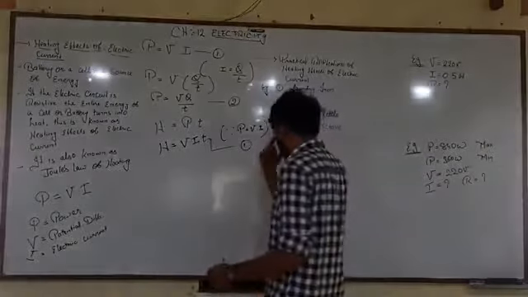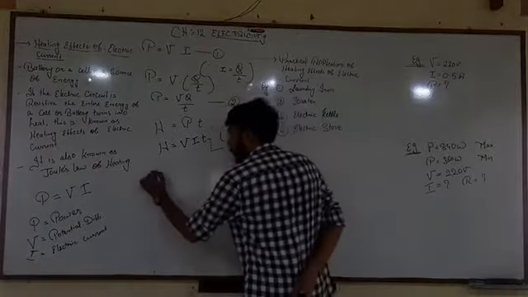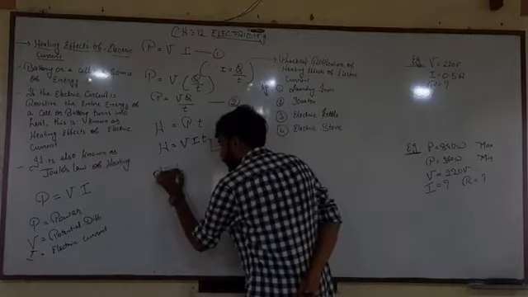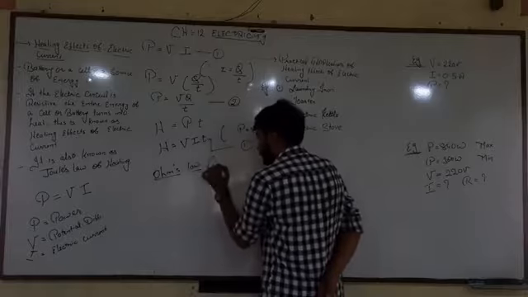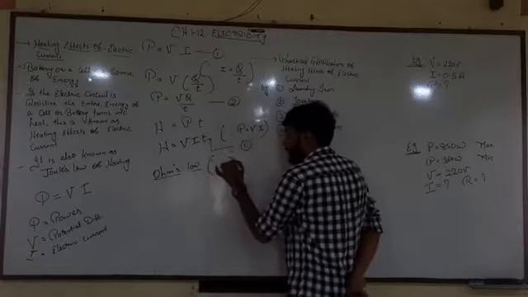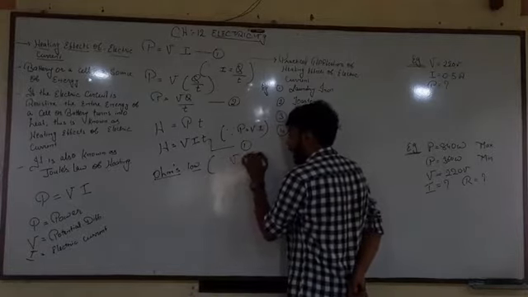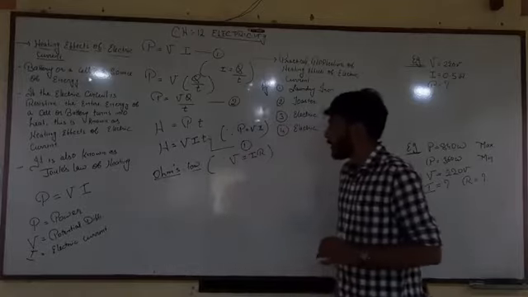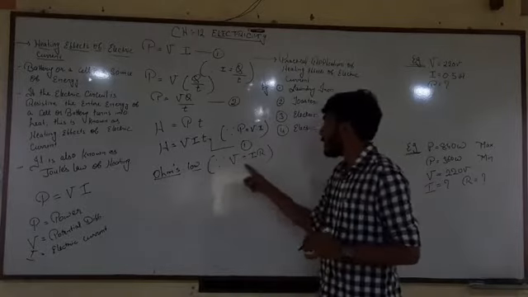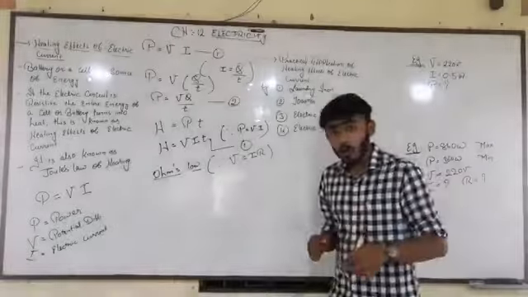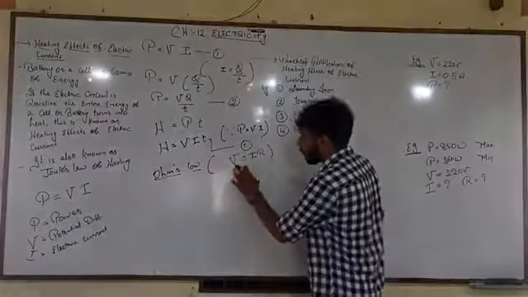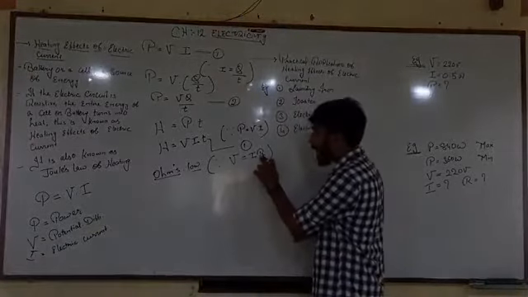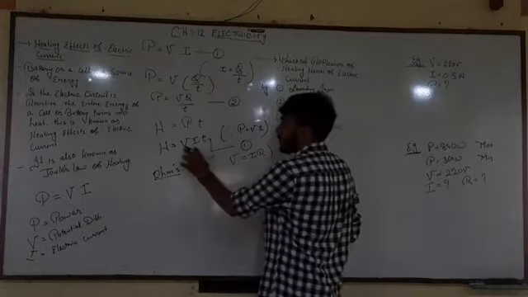One more thing we have, and that is Ohm's law. What was Ohm's law stating, students? V is equal to IR. Ohm's law states that V is equal to IR. Now one more thing we can do over here is substitute the value of V, that is IR, in the equation.